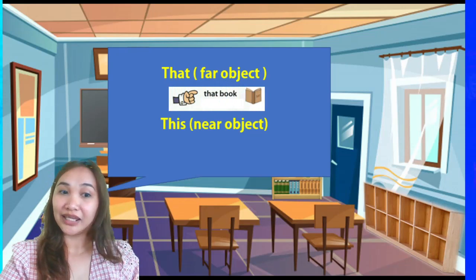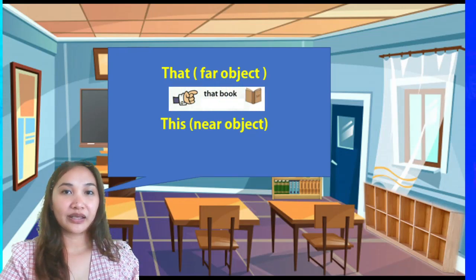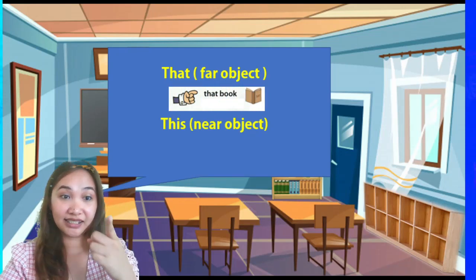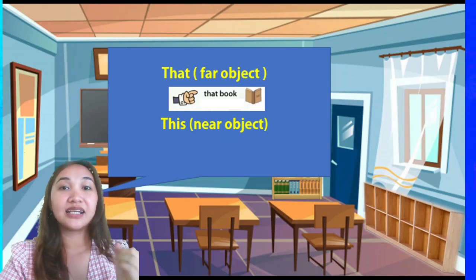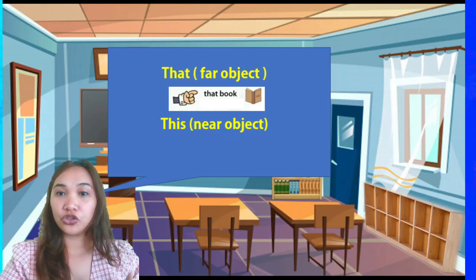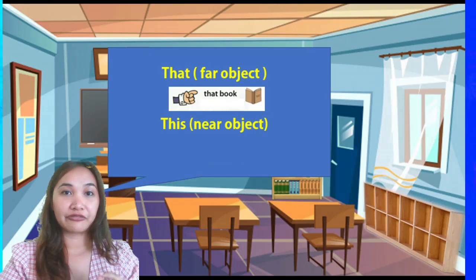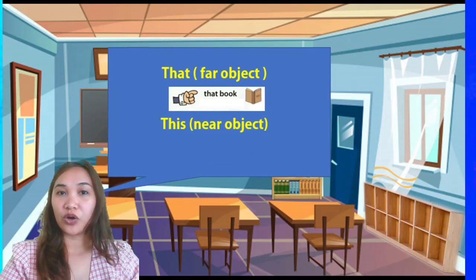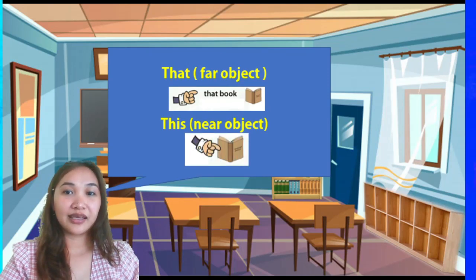Okay, so look at the picture. You are pointing at the book. That means you are far from the book. So that's why you say, that is a book. And this is when you are near to the object.